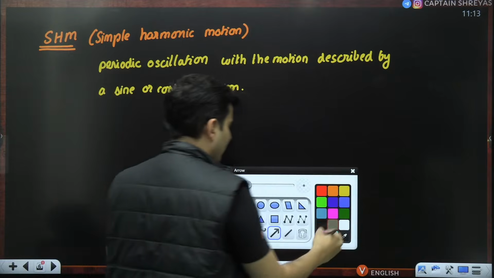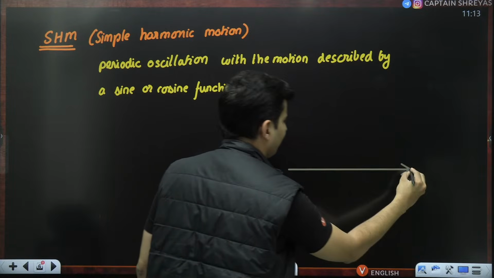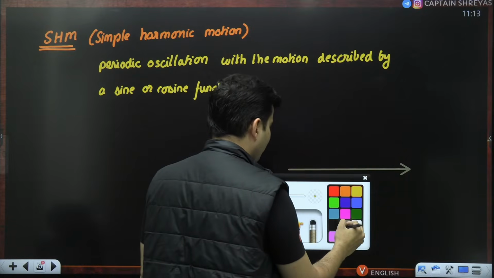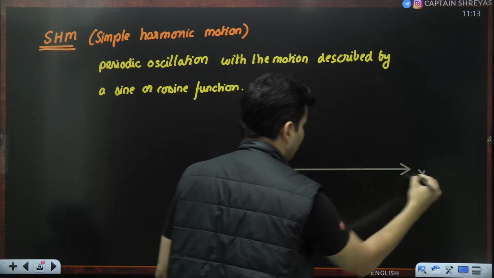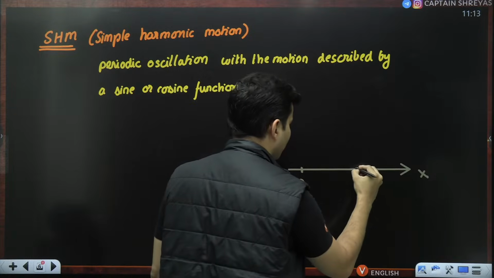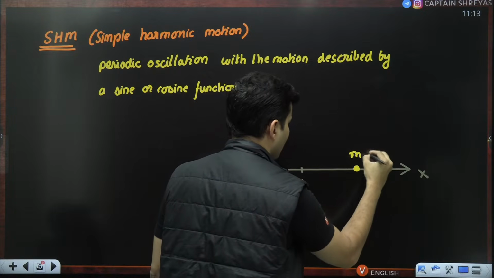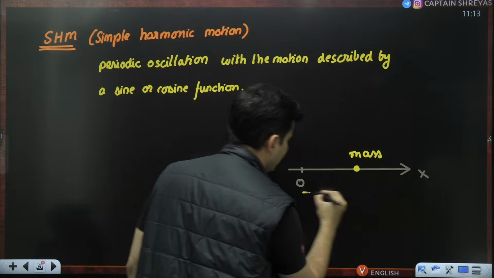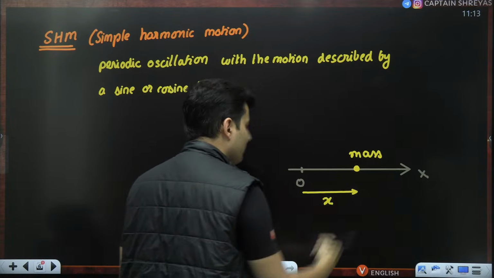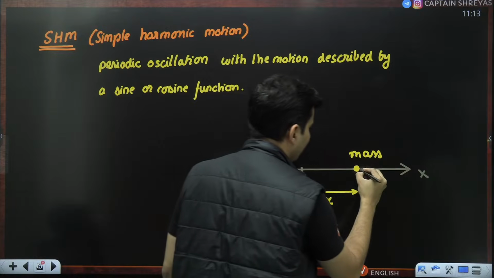Say for example, this is our x-axis along which the particle is supposed to move. Let's say this is the origin. Right now, let's say the particle is over here. This is our mass. So this becomes our x coordinate. This x coordinate will keep changing because this particle will keep moving.